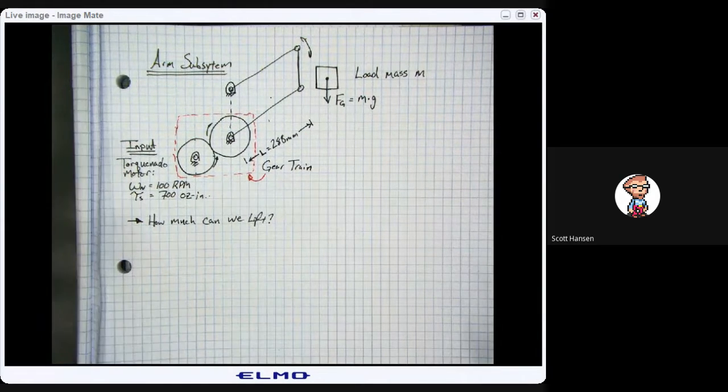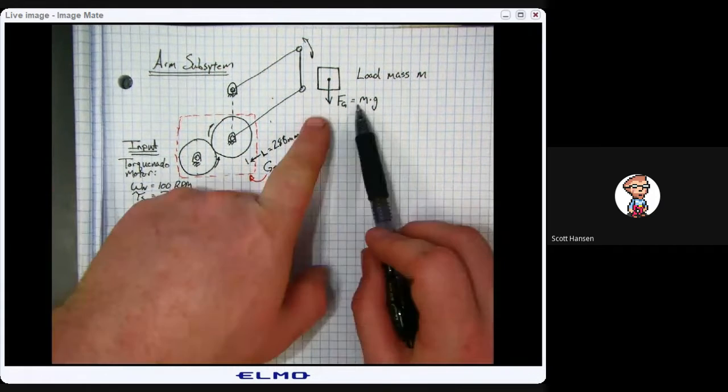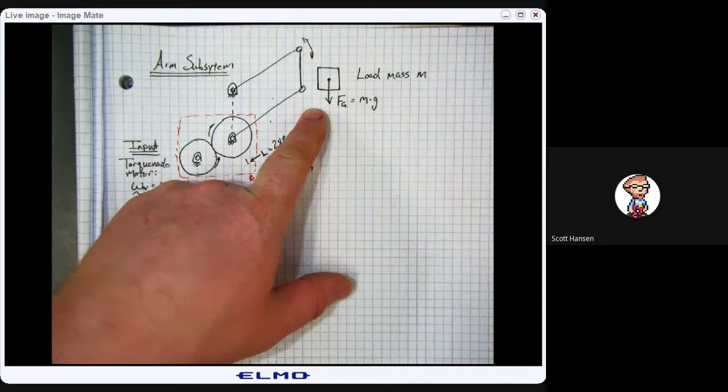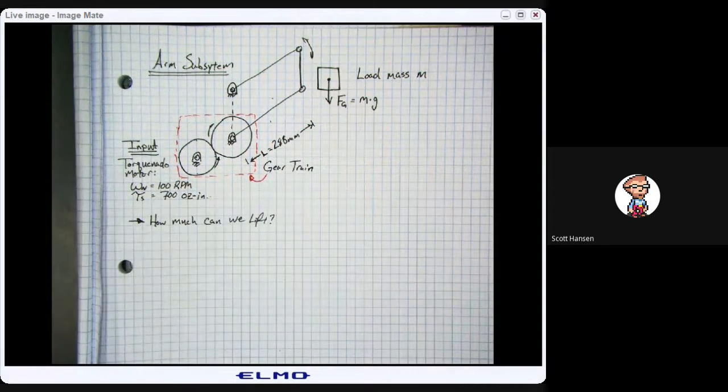One way you can think about this is trying to figure out what kind of physics question your subsystem is trying to answer. Here I've got my input. The ultimate output of this subsystem is being able to lift some type of mass, my load mass. This particular robot is supposed to grab a block, move it up and down, and deposit it in different parts of a shipping container.